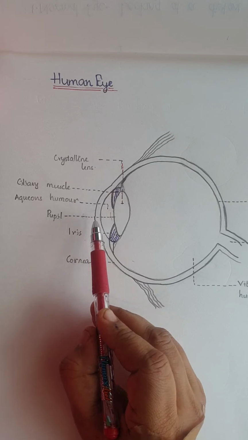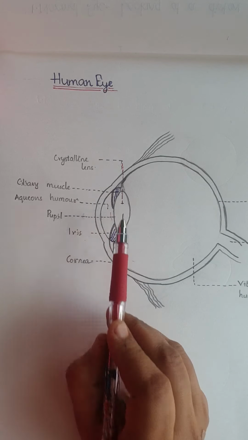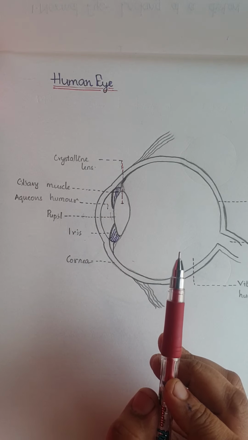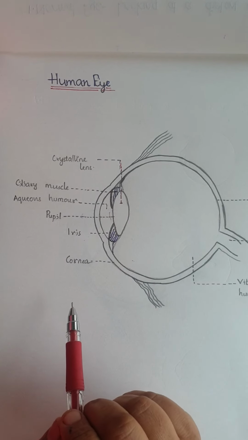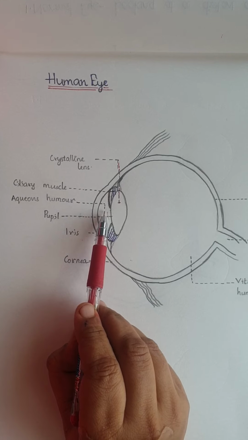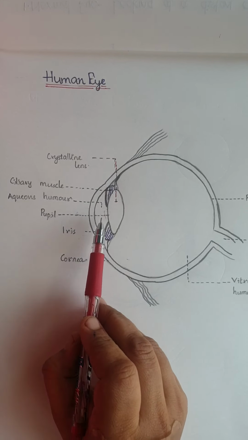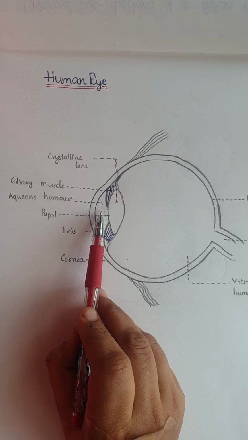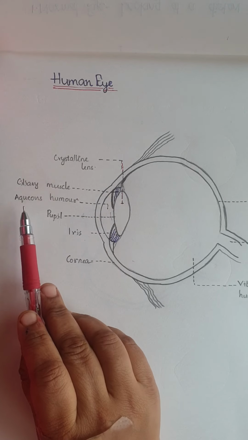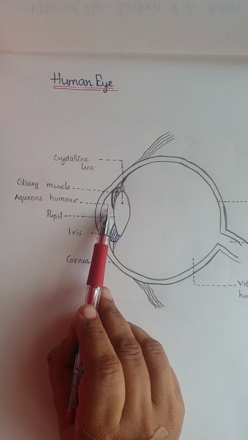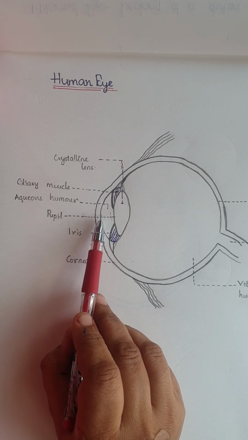What is the function of aqueous humor? It helps to maintain the pressure balance inside our eye.